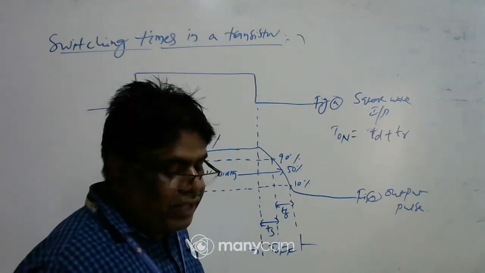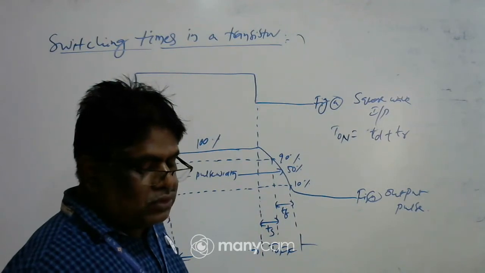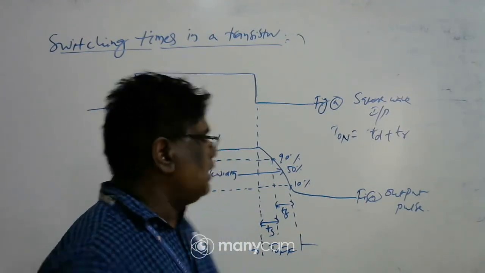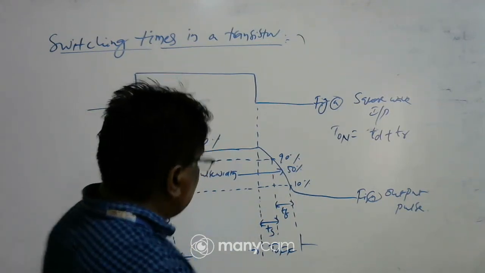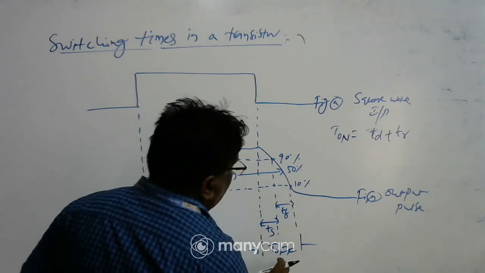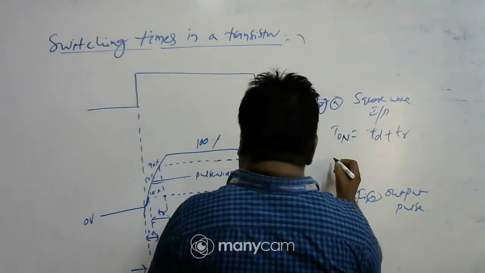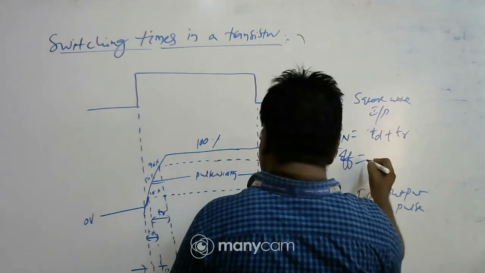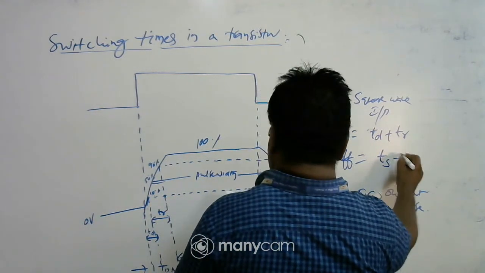What is the turn off time? The sum of storage time and fall time is defined as turn off time. So T off time is equal to the storage time plus fall time. T off time equal to TS plus TF.